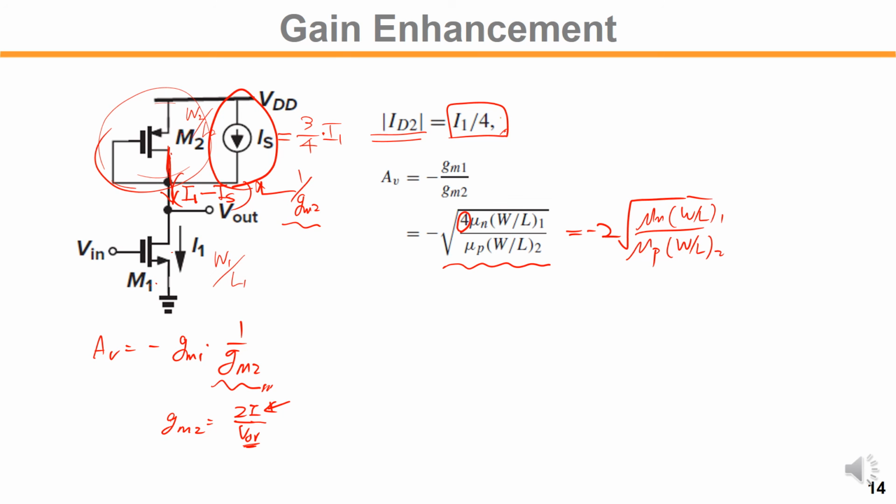This is something you can think of if you really want a little higher gain, so you can play with this technique, the current source in parallel with the diode connected load. This is quite a popularly used technique when you require a little more gain in your circuit. Okay.